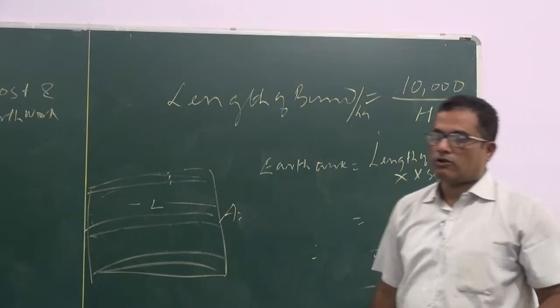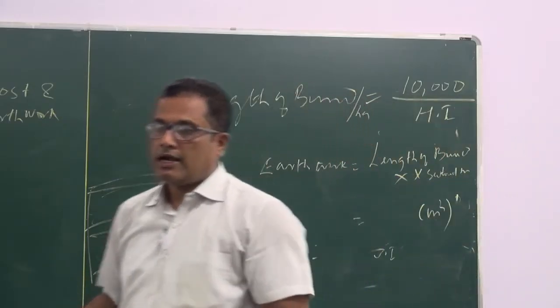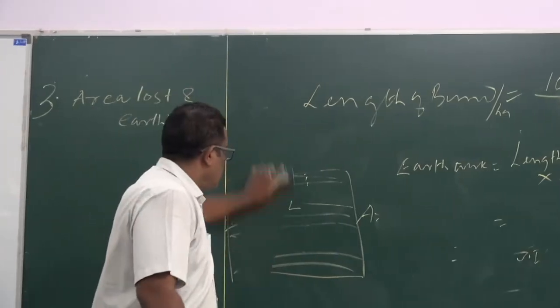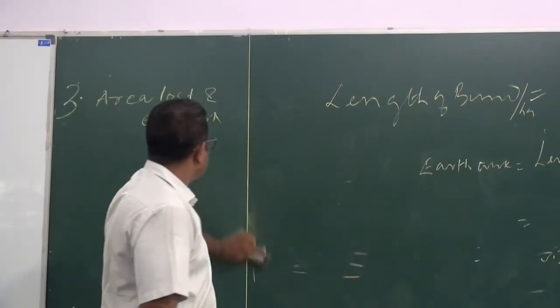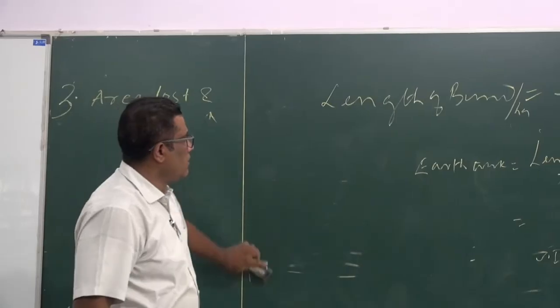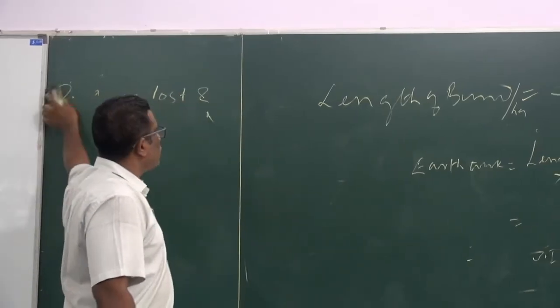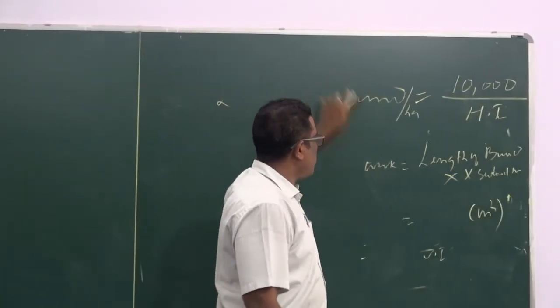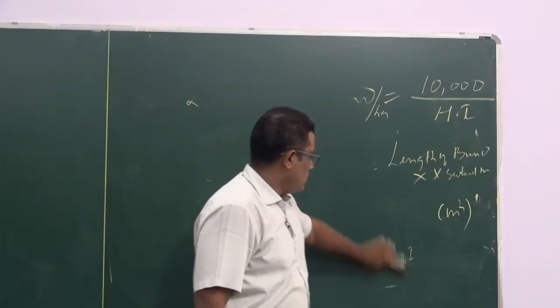This much soil, in cubic feet or cubic meters, is taken out for this type of activity. So these are some of the basic things in the design of a bund. We will try to understand this design of bund through one or two problems.